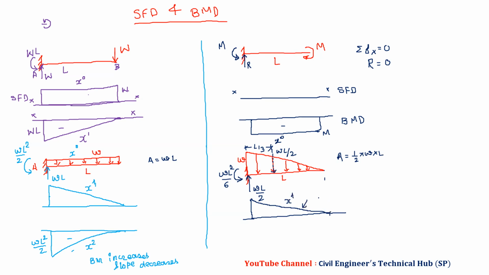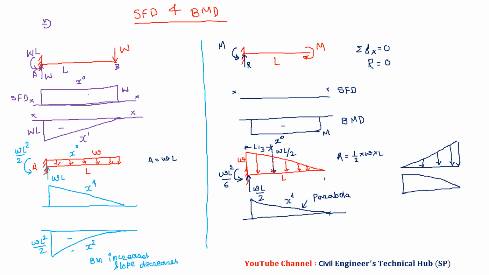This is a parabola, keep in mind. If we have UVL in this fashion, then what will be my curve in this case? My curve will be like this.